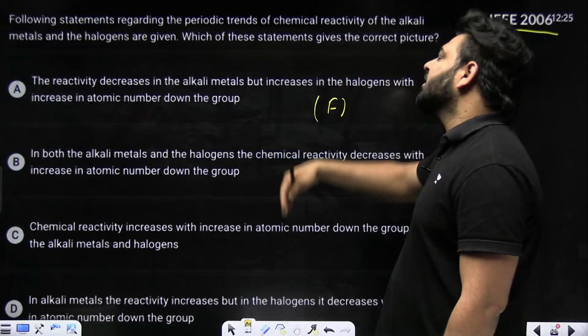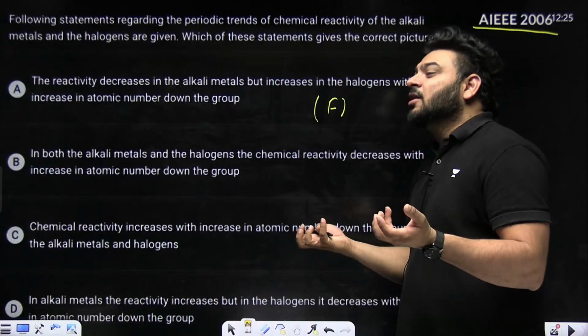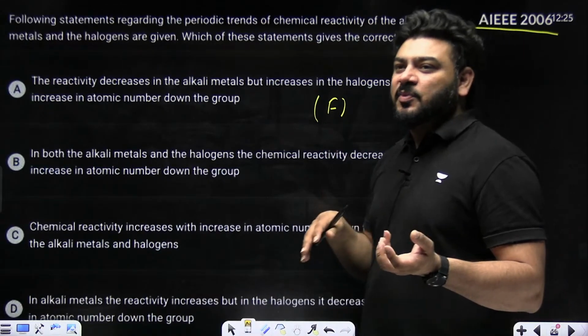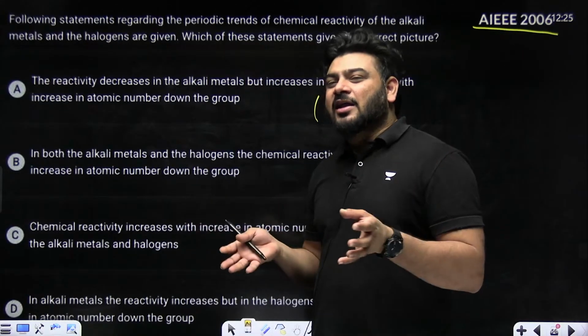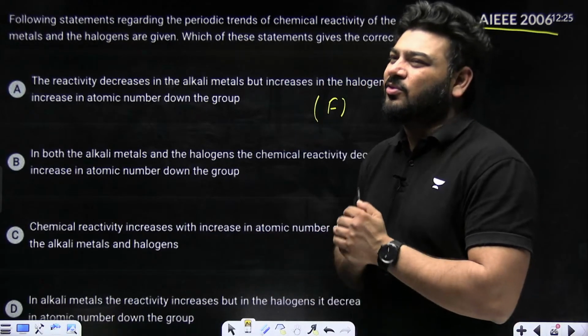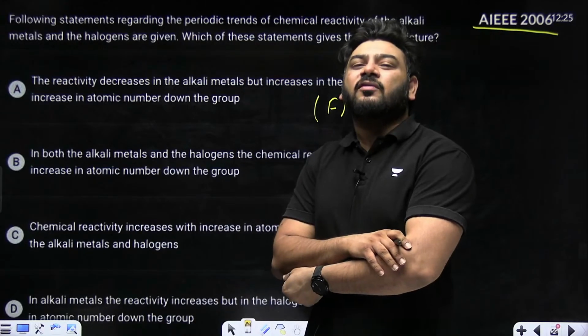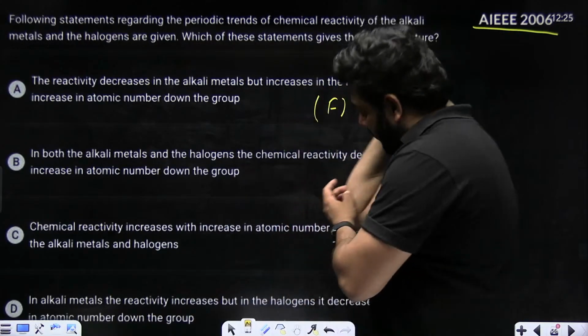Reactivity increases in alkali metals because metals easily lose their electron to form ionic compounds, and in non-metals it decreases because the size of the anion increases, due to which covalent character arises. The concept of electronegativity applies there.